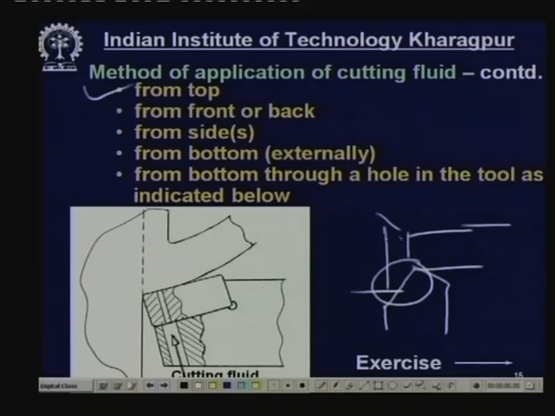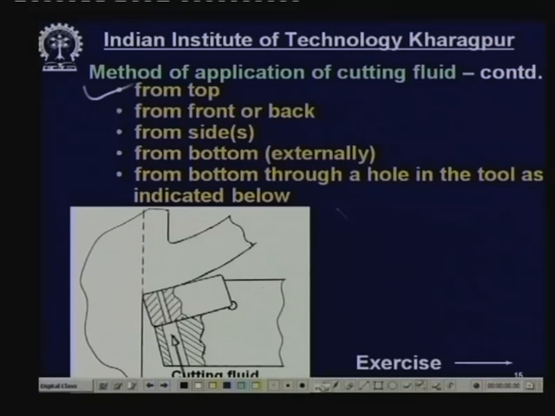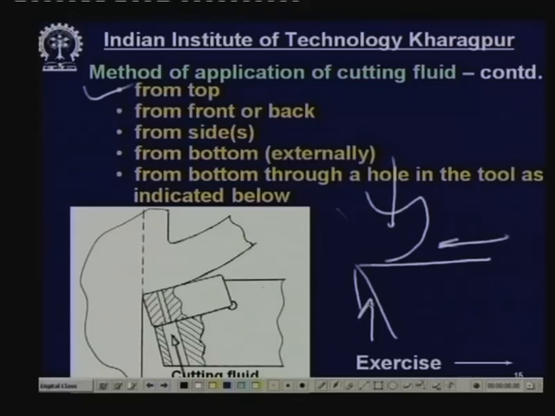Or suppose this is the cutting tool, and this is the chip flow. So, you can give it from top, from front, from bottom and from the sides. So, these are the various ways of applying cutting fluid as mentioned, from top, from front or back, from the side or both sides, and from bottom externally by flooding.